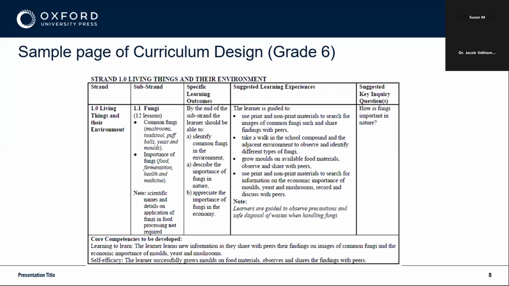I don't know whether you are required to write it down or just remember it in the head, but you must have helped the learners to develop the competency of learning to learn. That is, they are looking for information on their own. They don't need to wait for the teacher to tell them. So by the end of that substance, we will have captured learning to learn and self-efficacy.